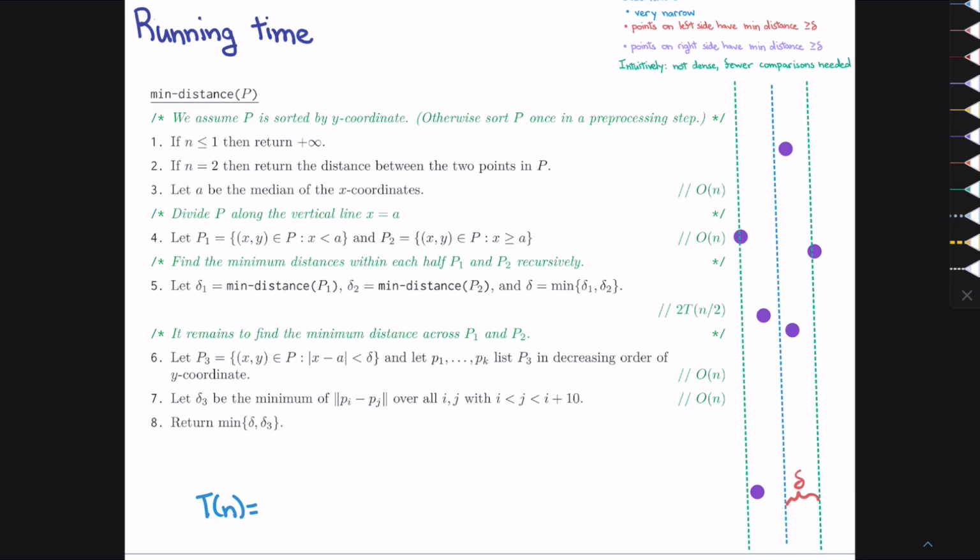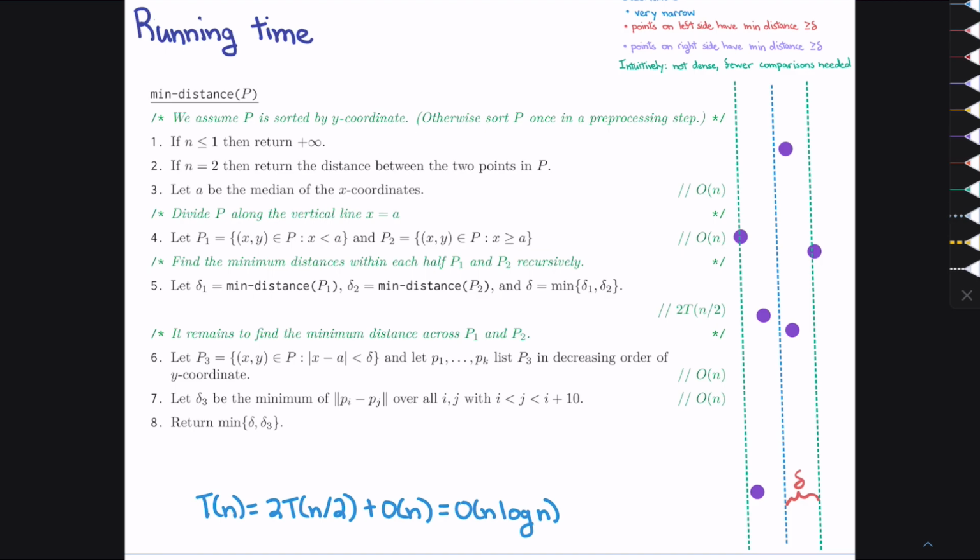It's going to recurse on 2 halves, so that's 2T(n/2), and how much additional work is it doing? Order n, because you get the median, and then you just go down this vertical band where each point gets compared to 10 other points. That's no big deal. So you get 2T(n/2) plus big O of n. What does that come out to? We've solved this before. Oh, rats, I always do this. N log n. So that's how you get an n log n algorithm.